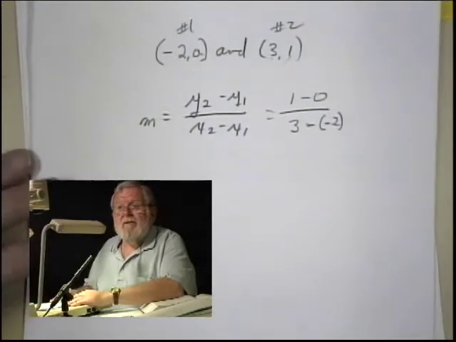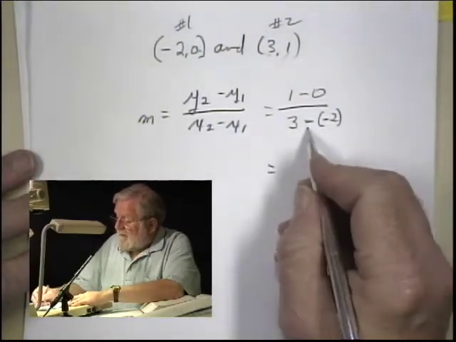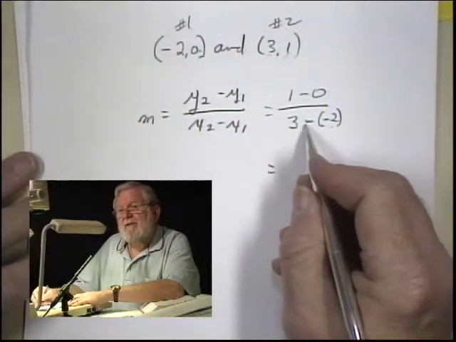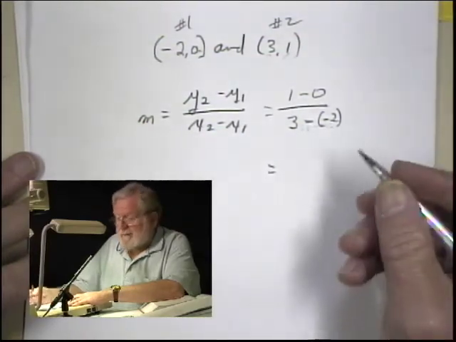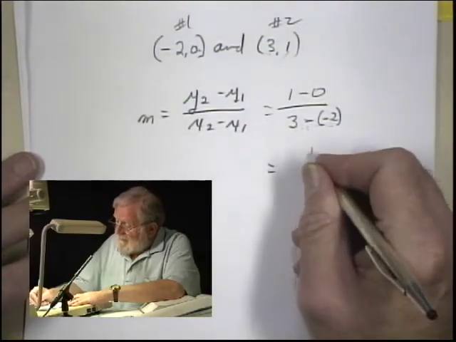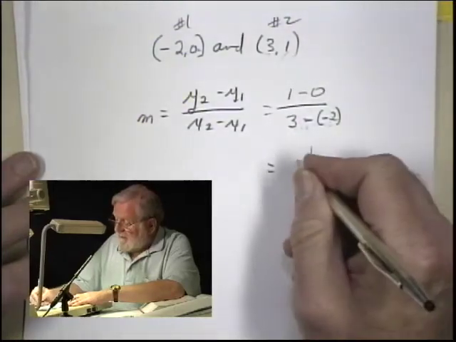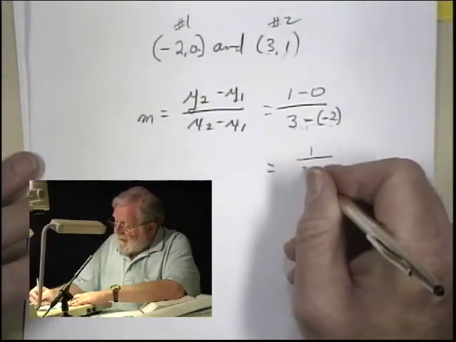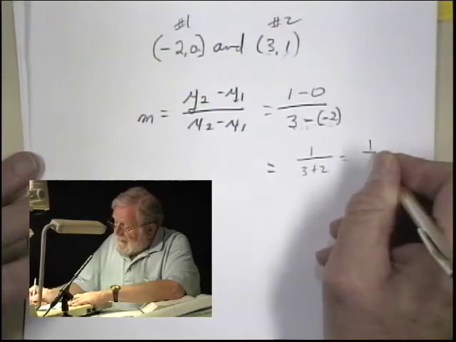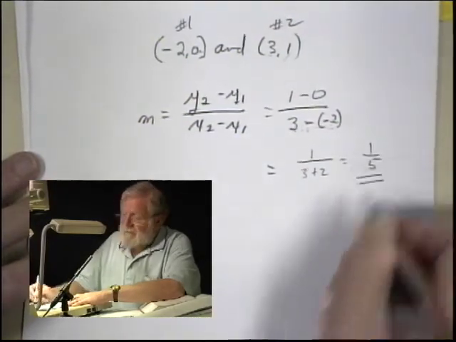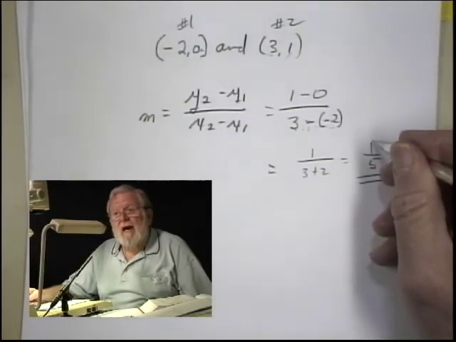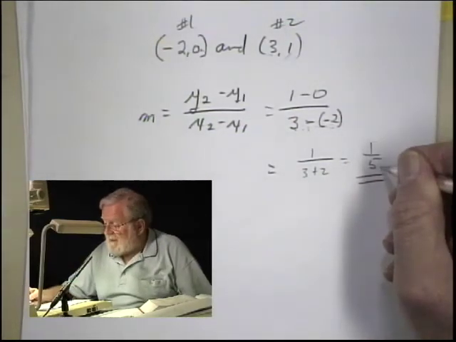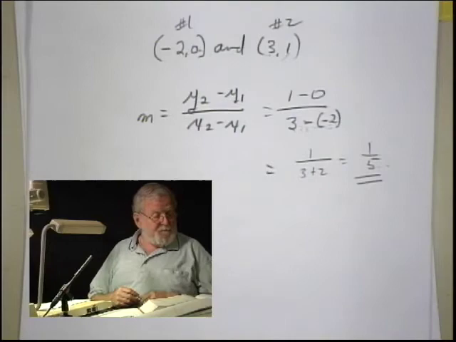You remember from basic math that when you subtract a negative number, it's the same as adding it, right? Minus a minus is a plus. So this is 1. 1 minus 0 is 1, over 3 plus 2, is 1 over 5. The slope of the line is 1 over 5. The change in y is 1 for every change of 5 in x. All right?